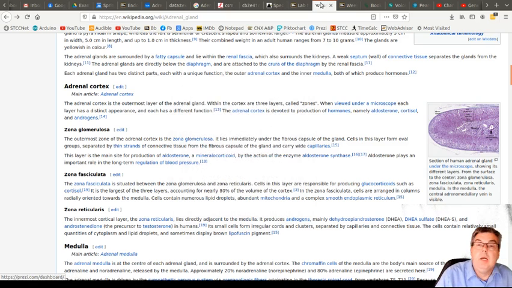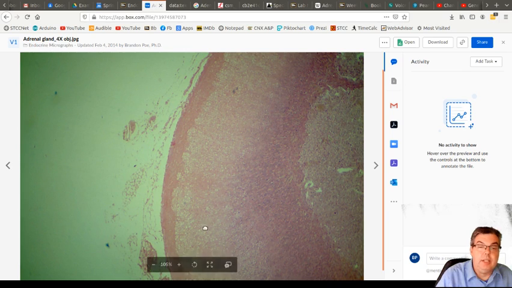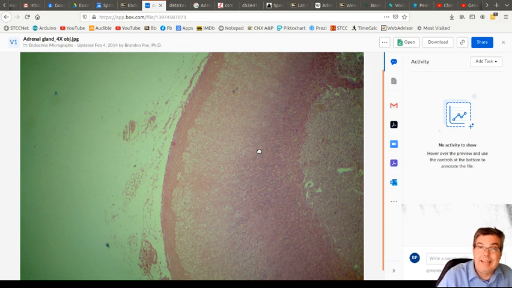Now, one last thing about staining quality to mention here. There's a vague boundary between the reticularis and the fasciculata. I can never do these off the top of my head very well. And when there is a structural vague thing like that, that's because there's actually a functional vague aspect of it too, which is all of this area produces glucocorticoids because the sex hormones are growth hormones, and for tissue to grow it needs energy.